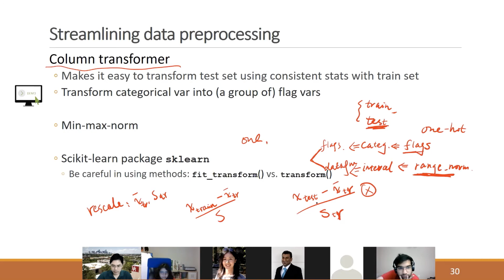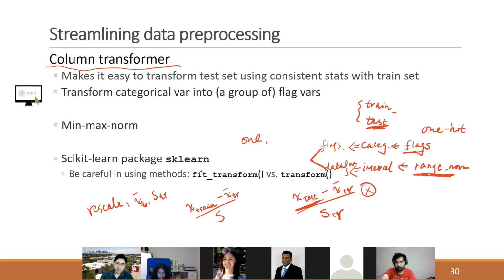And the purpose of using the test set is really to test your model with the condition that there might be deviations, right? So you have to accept that reality. So never use the test set statistic here. That's one caveat: when you manually do those steps without using the transformer, you always have to use the train set statistic.